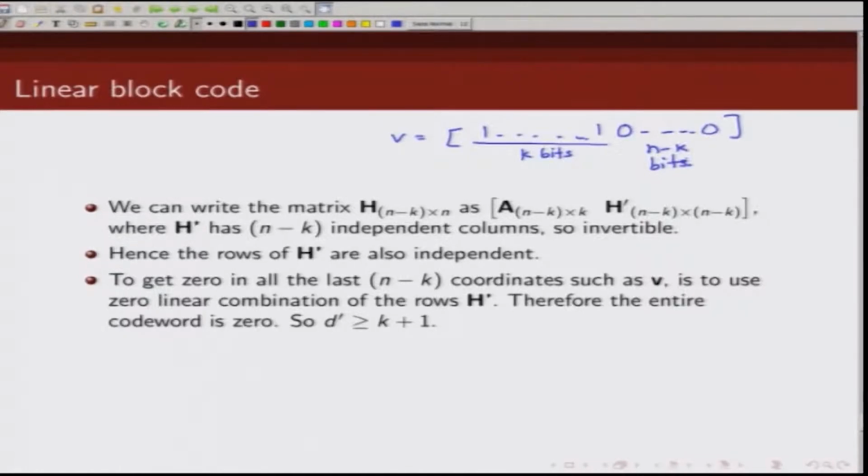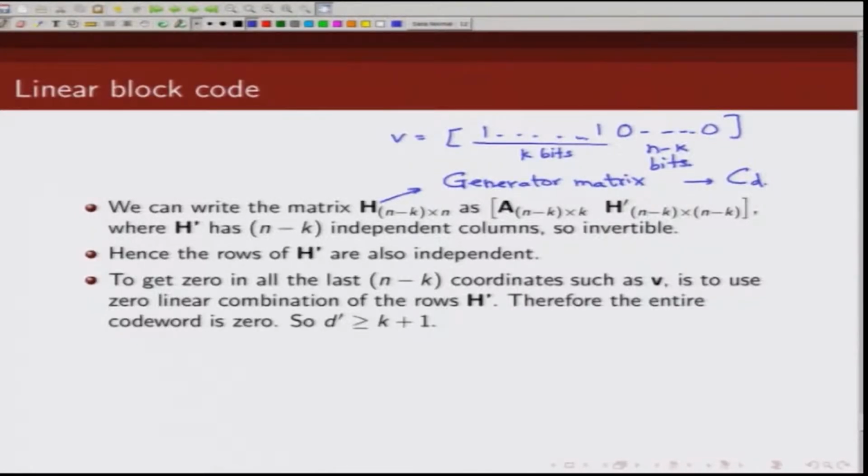Now, this H matrix is the generator matrix for the dual code CD. So, if we have to generate a code word like this from this generator matrix, we will have to use this matrix.